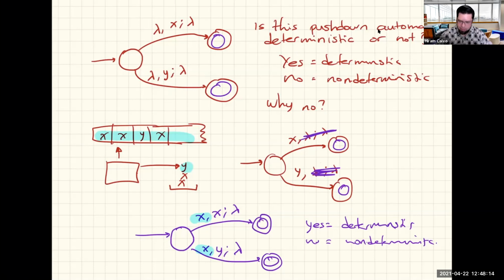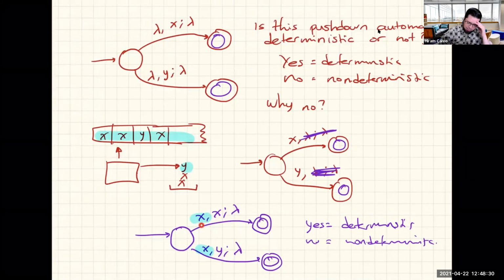So here, most of you are thinking that yes, this is deterministic, and that's right. So again, maybe the ones who thought that this was not deterministic were concerned by this part, right? They may say, well, how come you can select a path if you have clearly the same input symbol on the input string?